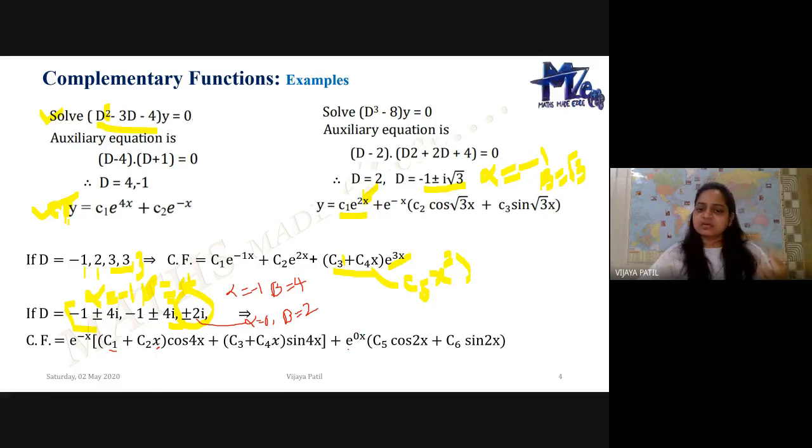You can write this as 1 also. No need to even write this down. Just for understanding purposes, I have kept it here. So e to the power 0x, you can just replace it with 1 also, into C5 cos of 2x, because my beta is 2, plus C6 sine of 2x. So in this way, you need to introduce your CF.